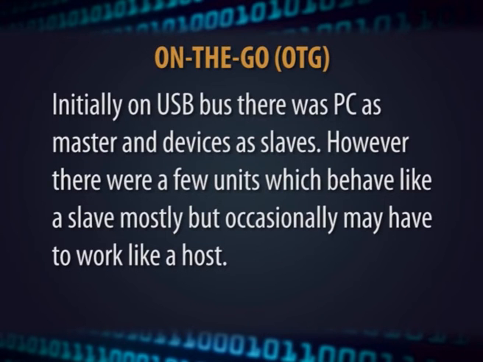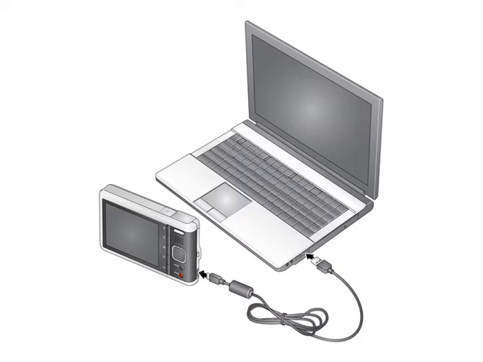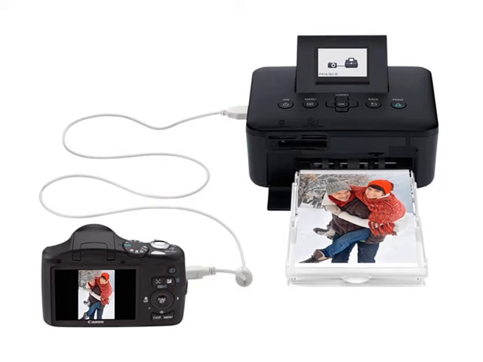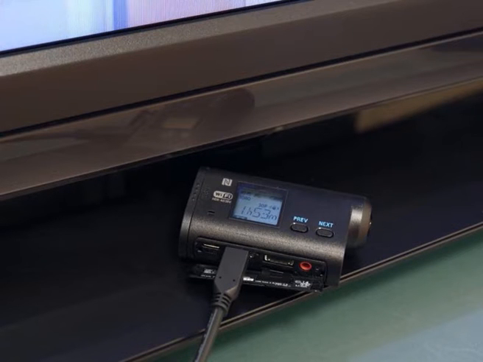On the go, OTG. Initially on USB bus, there was a PC as master and the devices as slaves. However, there were a few units which behave like a slave mostly, but occasionally may have to work like a host. Normally, a camera will be a device to a PC, but it may become a host to a printer or a TV to print or show stored pictures.